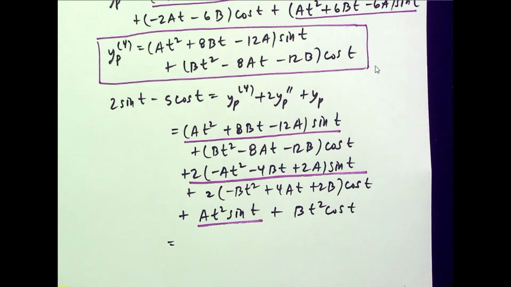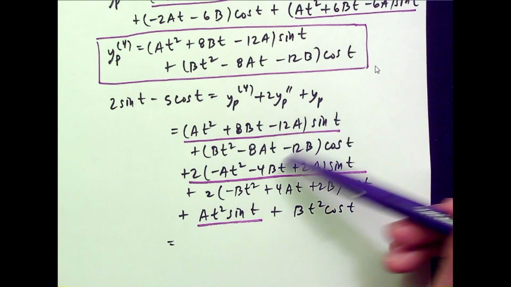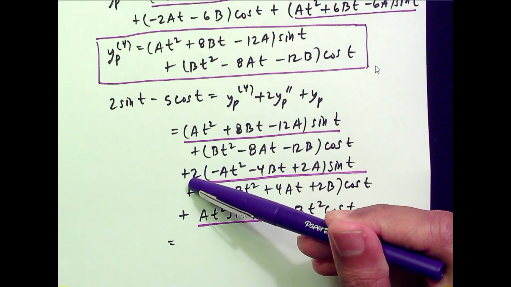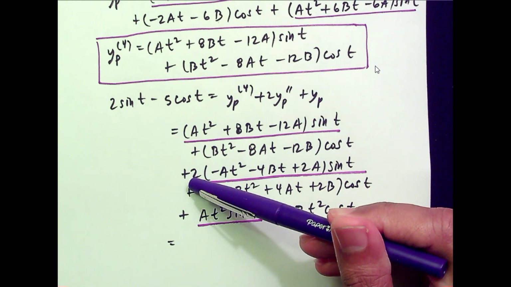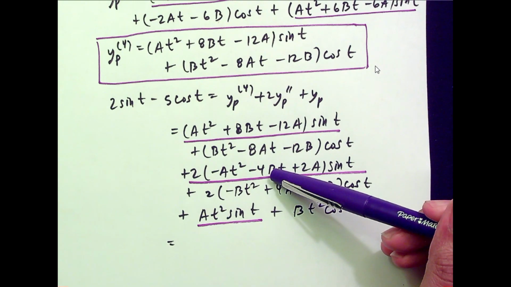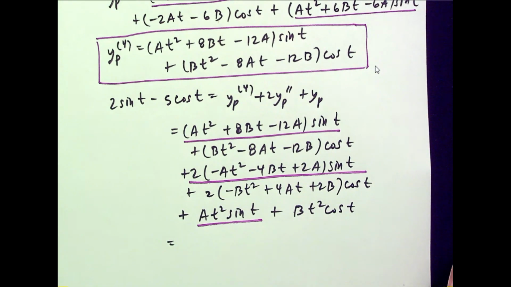Now, looking at the linear terms, you get 4bt, negative 4bt, but that's multiplied by 2, so it's actually negative 8bt. So 8bt and negative 8bt cancel, and you have no more. You get 0 t sine of t. So you get nothing.